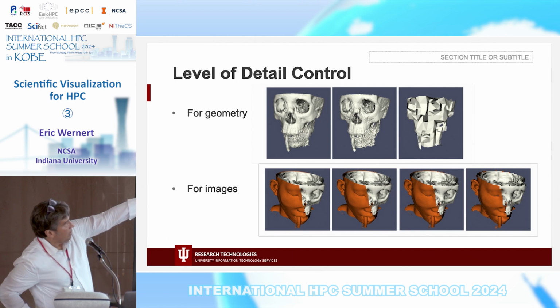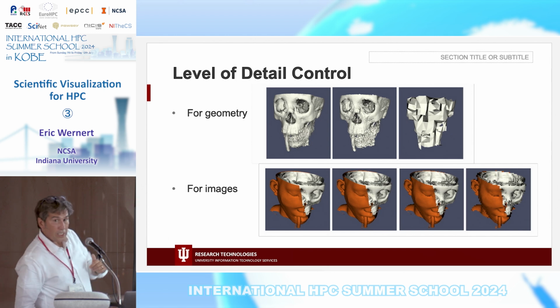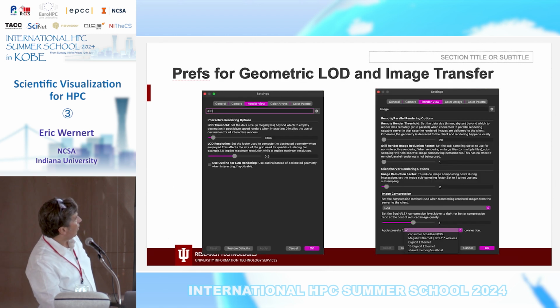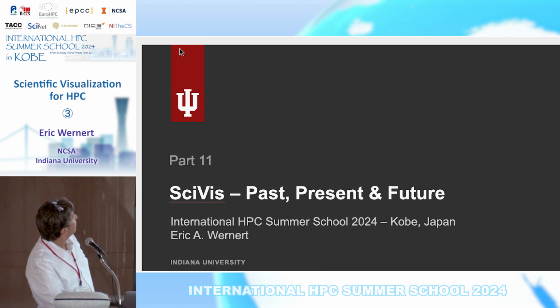So it's not like you're going to be looking at that ugly skull the entire time. There are preferences where you can come in and change those things. Questions on that? Okay.